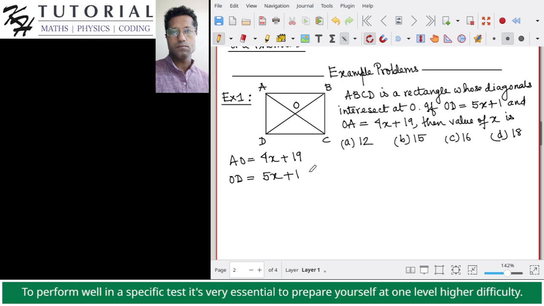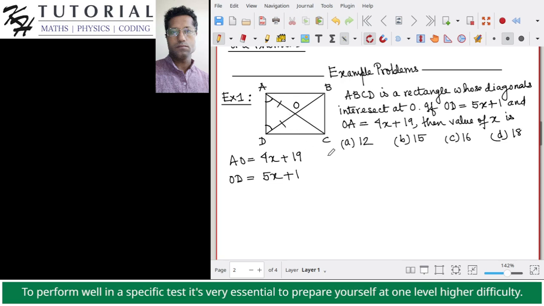Definitely there has to be a relation between AO and OD, that is the length of the segment AO and OD. Now we know that since it's a rectangle ABCD and we have the diagonals intersecting at the point O, definitely these two angles will be equal from one property of the rectangle that we just studied. These two angles will be equal. Now this means that this side has to be equal in the triangle.